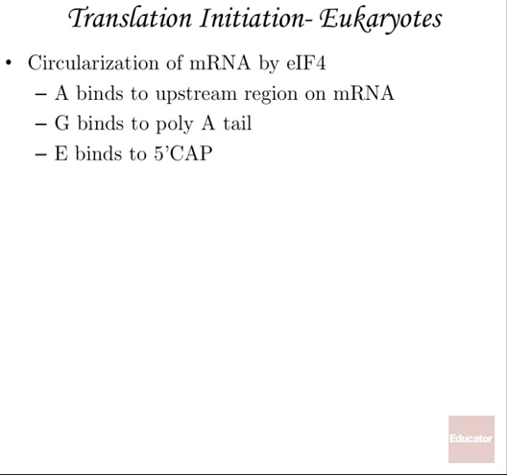So first off, we have the mRNA that we're going to draw. Okay? We will denote that it has a cap right here. Okay? So EIF4A will bind to an upstream region on mRNA.